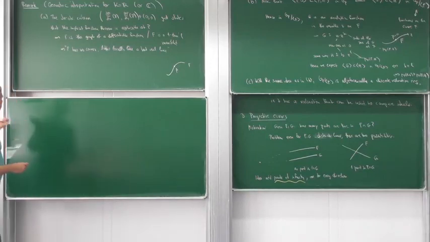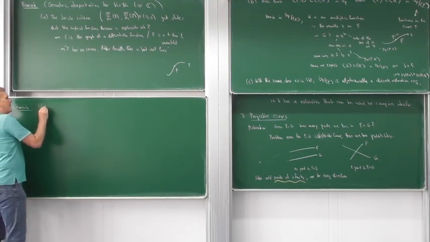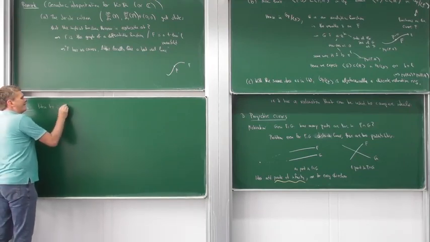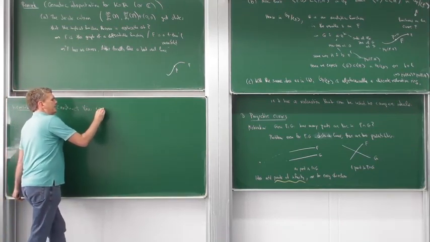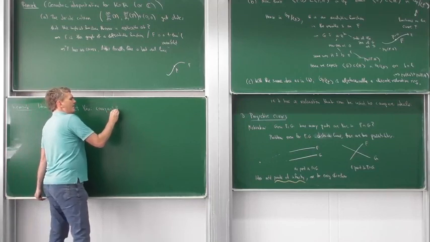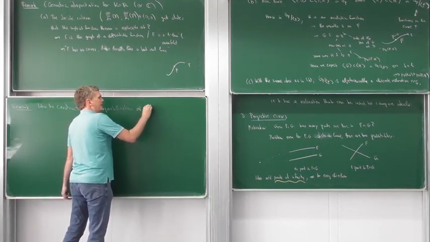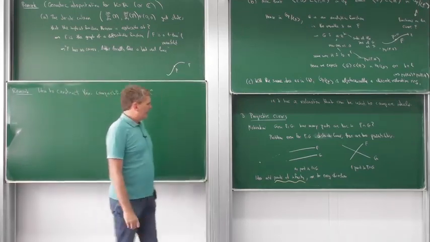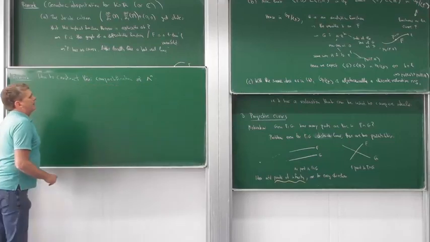And again, just a remark, the idea to construct this compactification of AN is the following. We want to embed the affine space.